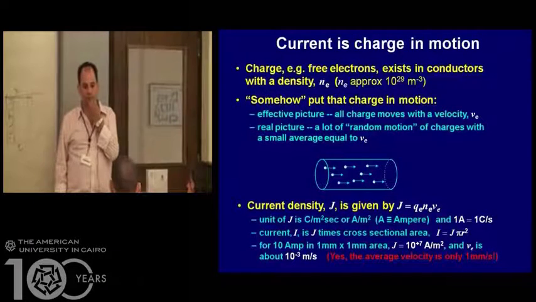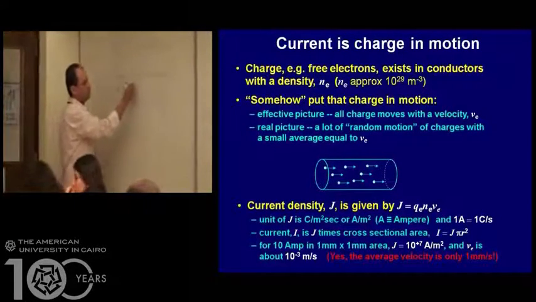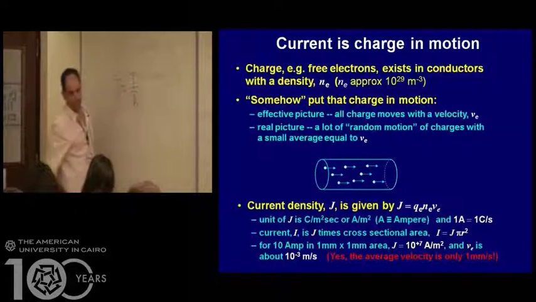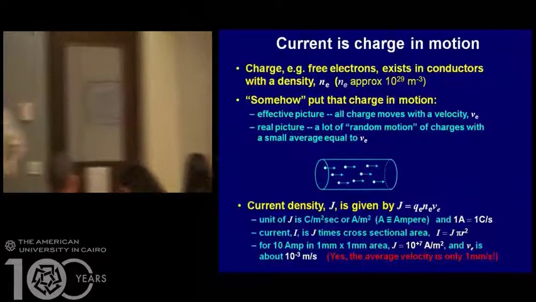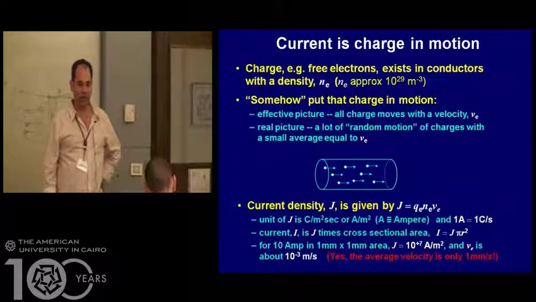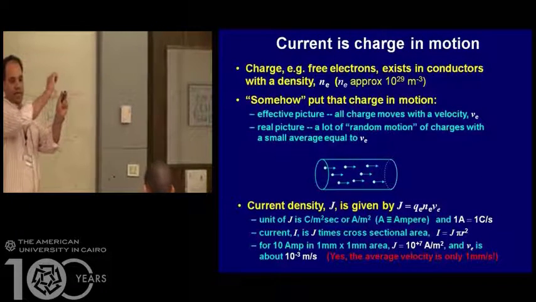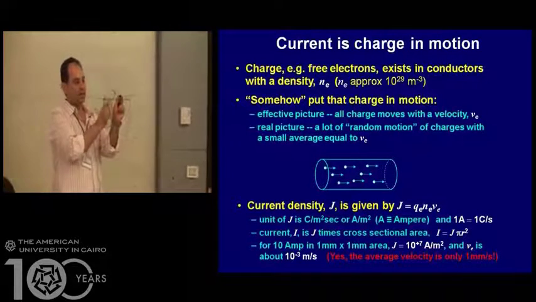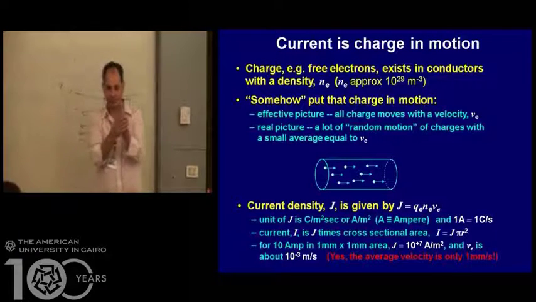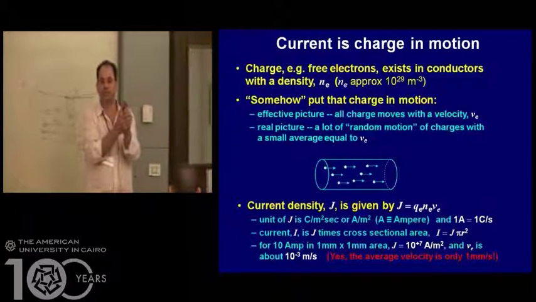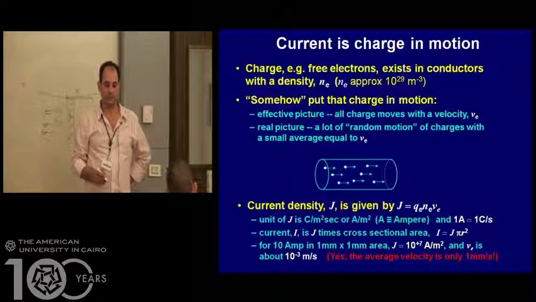Current density is I over A. It's current divided by the cross-sectional area. So if this is the wire and current I flows in here, the current density is the current I divided by that cross-sectional area.